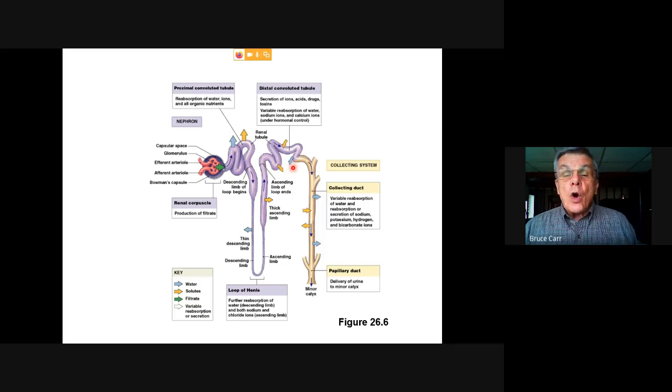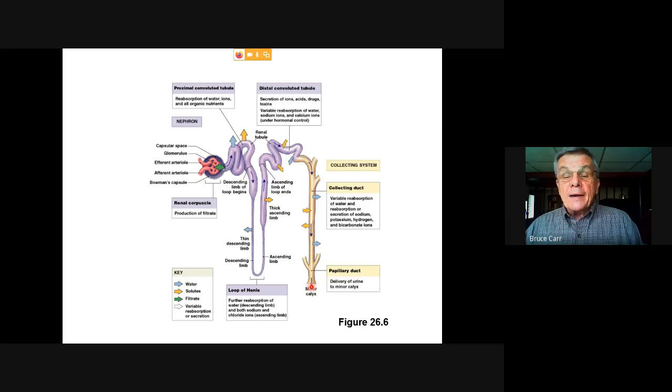Here you'll notice water out is an option when you're trying to conserve water, and as it gets into the collecting duct and probably affected by the presence or absence of ADH or the renin cascade, we basically have the ability to transport solutes in either direction, but also to dehydrate that dilute urine into concentrated urine when it is important to retain water.